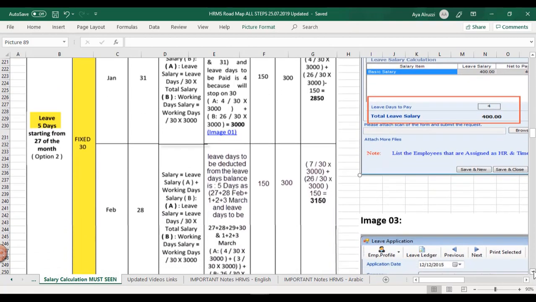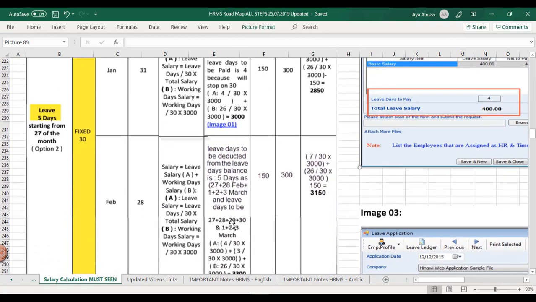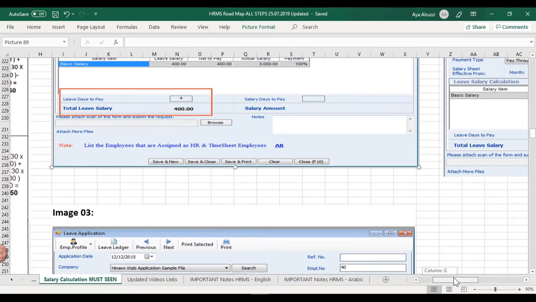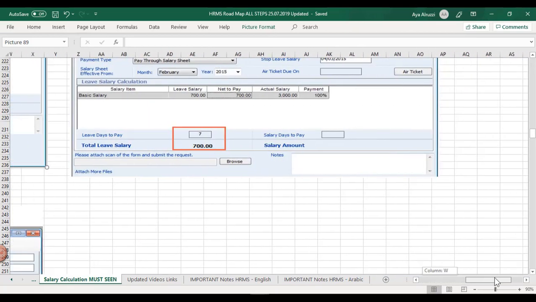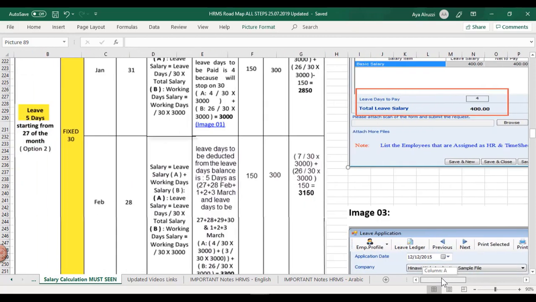It will be paid as 7 days because it's considered as 27, 28, 29, 30, 31, 2, and 3. So 7 days. That's why here it says that it's 7 days. And that's how it's calculated.